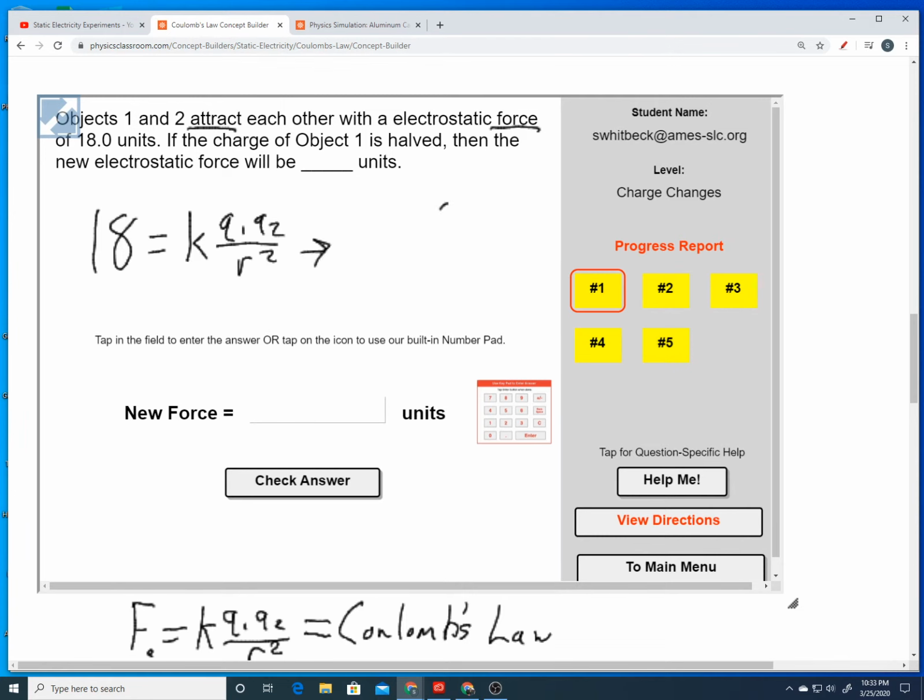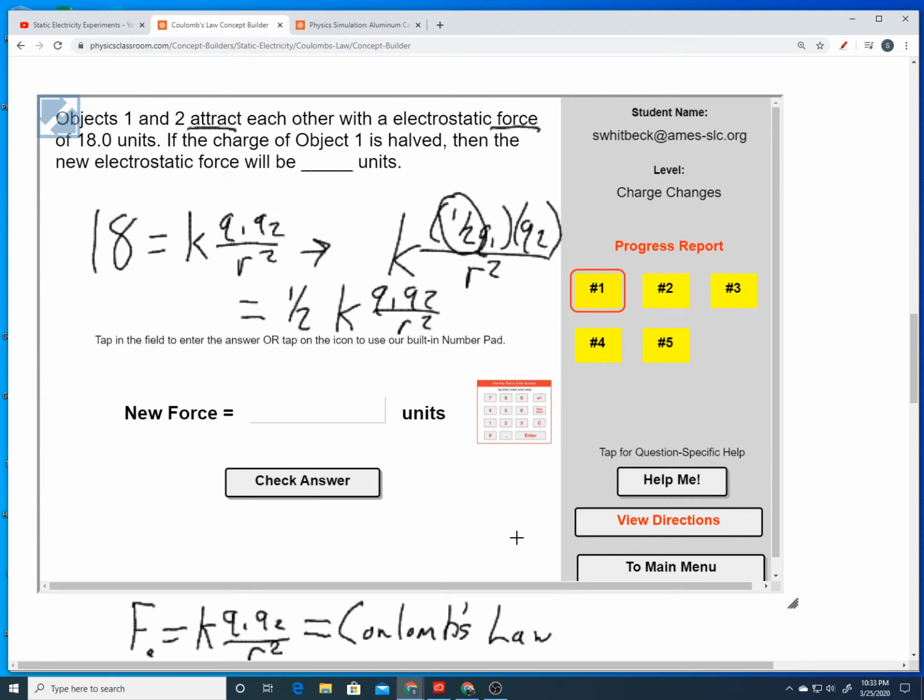But what's going to happen when we multiply our Q1 by half? What will happen overall to our problem? As I can see here, I can take that 1/2 and pull it out in front of my problem.